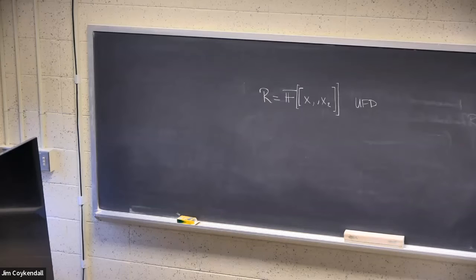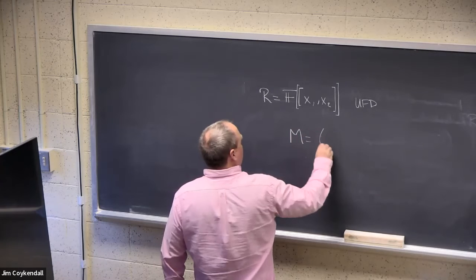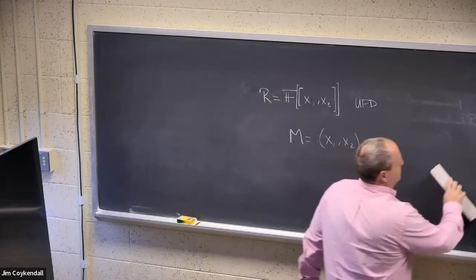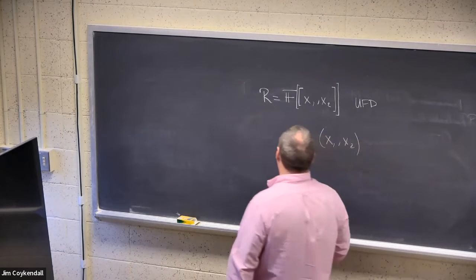But a power series ring over a field in any finite number of variables is a UFD. Power series are tricky with that, but if you don't like that, you could change that to polynomials in two variables and localize at the maximal ideal. This is a UFD. Now look at the maximal ideal M. It's the ideal determined by x1 and x2, right? Now, list the prime elements.